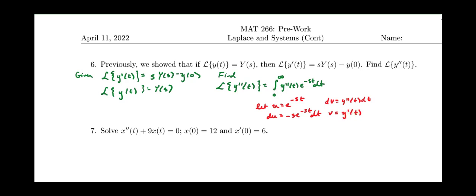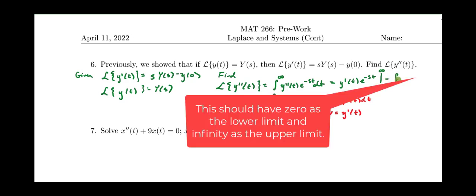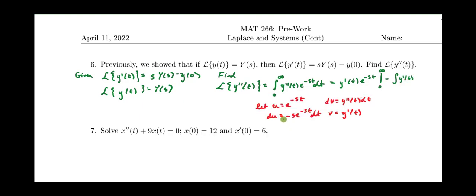If we follow the formula for integration by parts, we get the product of u and v, so that's y prime of t e to the minus st, evaluated between 0 and infinity, minus the integral of v du. So du is minus s times e to the minus st dt.